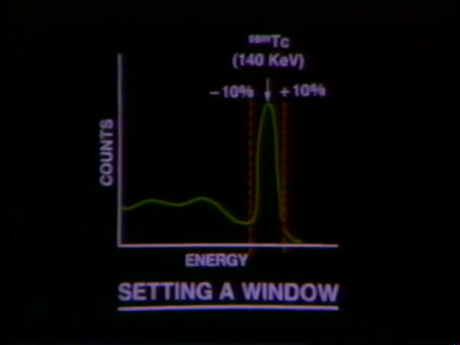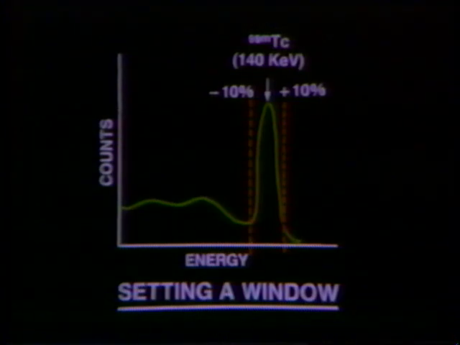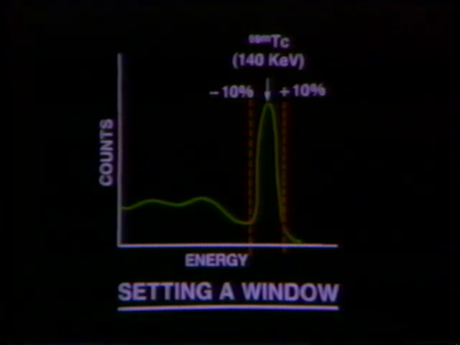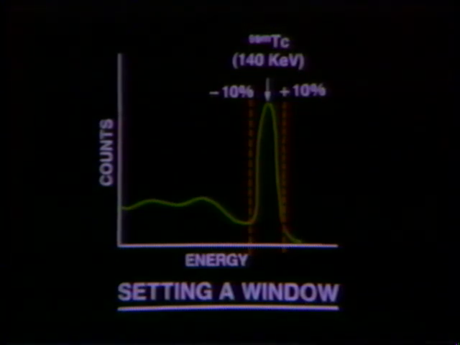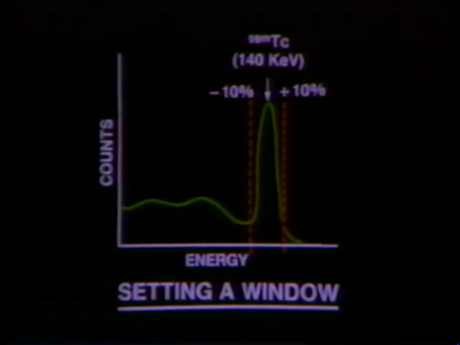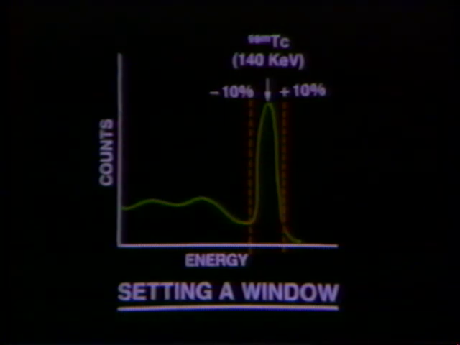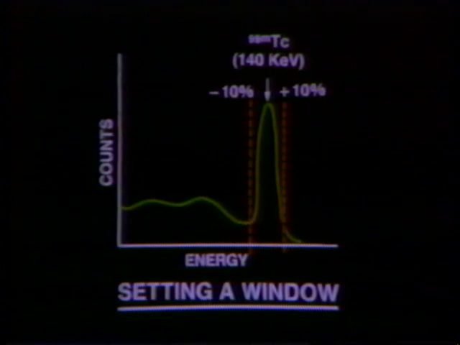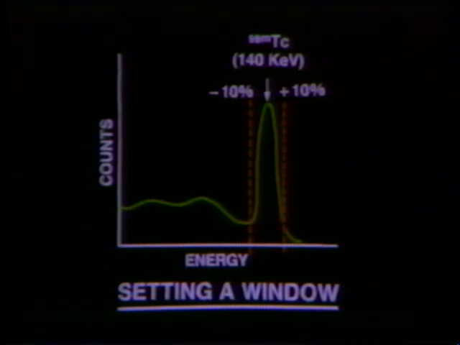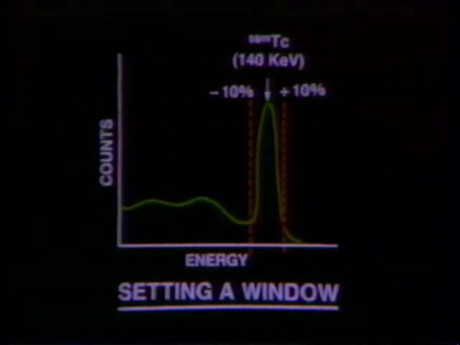By telling the electronics to only accept plus or minus 10% of a given energy, we are setting a window. In this case, it would be a 20% window, 10% on each side of the peak. Most imaging procedures utilize this 20% window, although the technologist can set whatever percentage window he or she chooses.